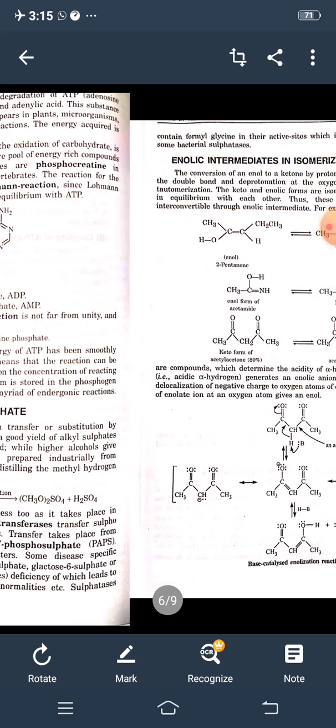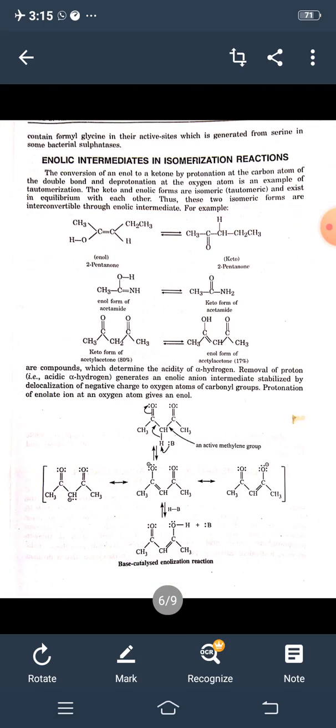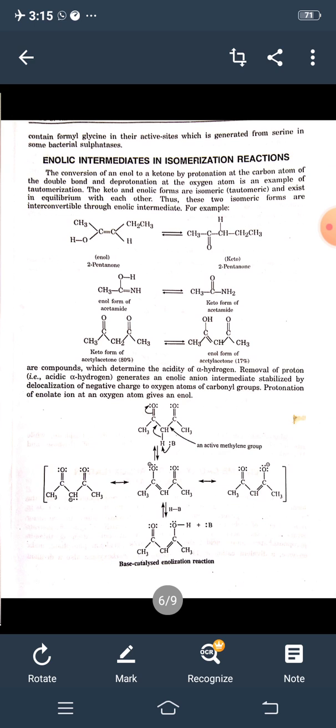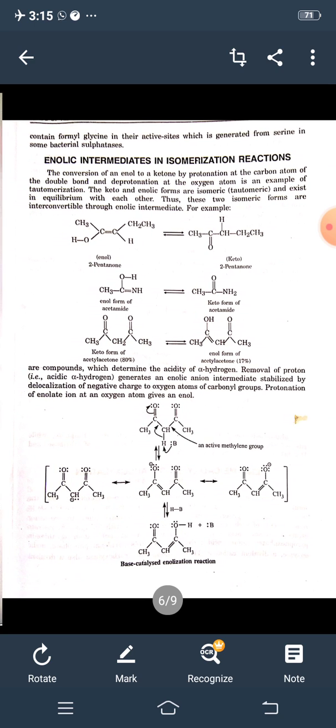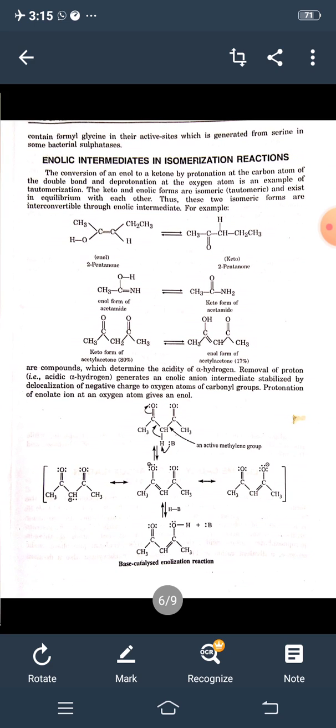Now what are enolic intermediates in isomerization reactions? For those reactions in which isomerization takes place, we can take the example of 2-pentanone. Its enol form can be converted into the keto form, 2-pentanone. So the enol form of acetamide, we can convert it to the keto form of acetamide. These are compounds which determine the acidity of alpha hydrogen.